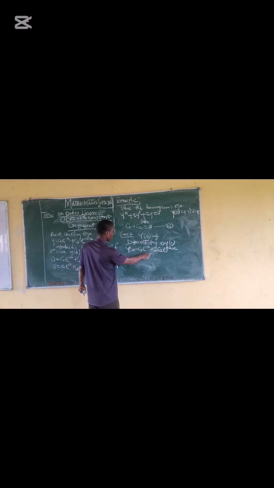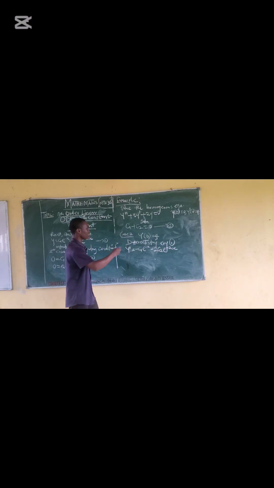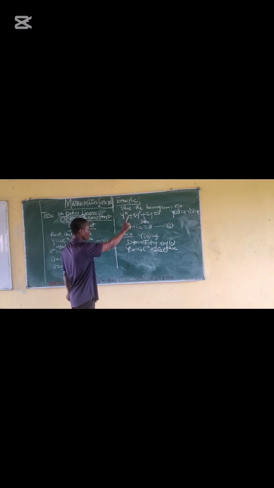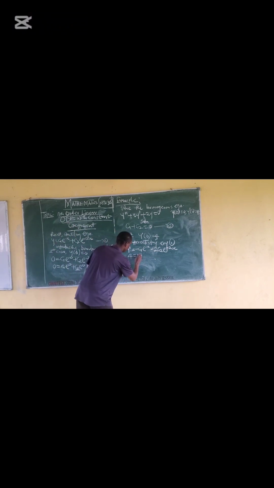All right, so from this point, we've gotten y prime, and the second boundary condition gave us y prime to be 4, x to be 0. So I'm going to substitute that second boundary condition into the differential of this auxiliary equation that we've gotten. So y prime here is 4. This is minus c1 exponential 0, minus 2c2 exponential 0.